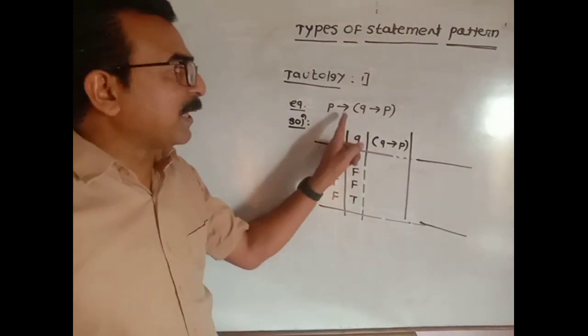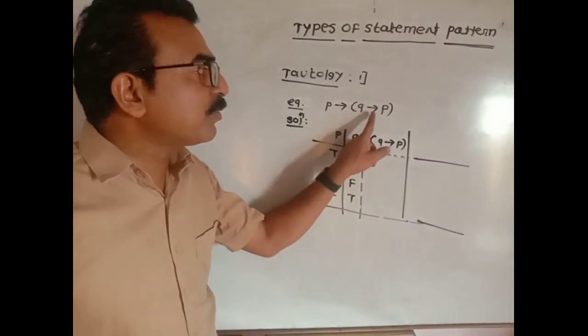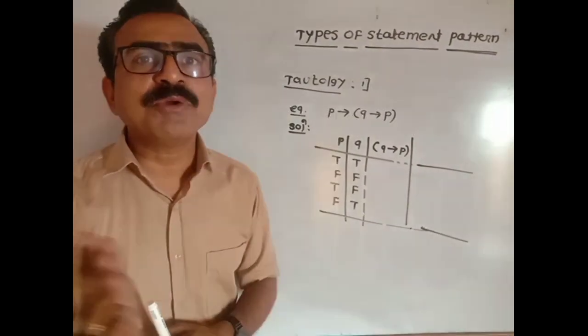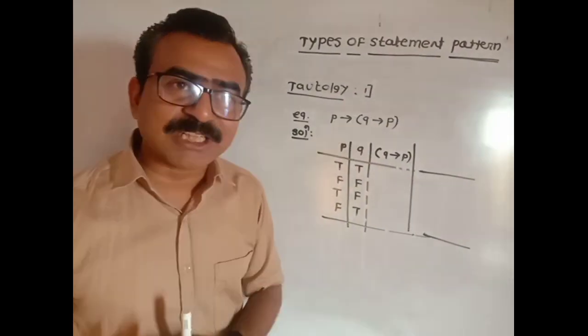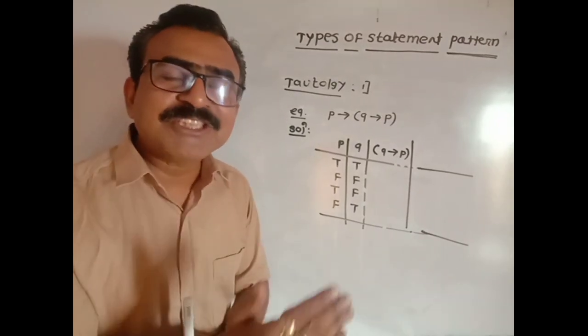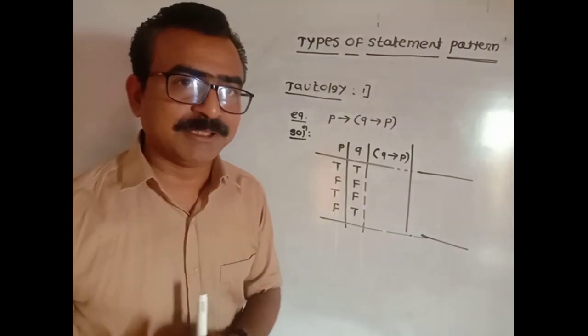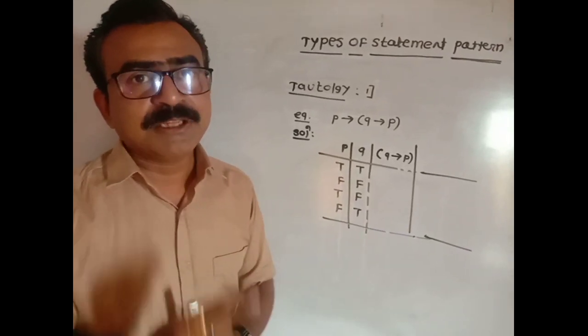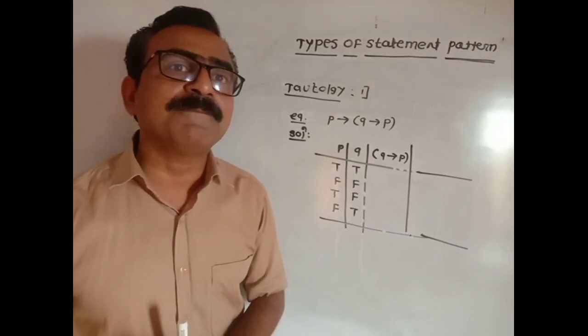The simple bracket here is Q conditional P, and from the last discussion we know that in the case of a conditional statement, if the condition is true, condition meaning the first statement, while its result is false, result meaning the second statement, then the total conditional statement becomes false.